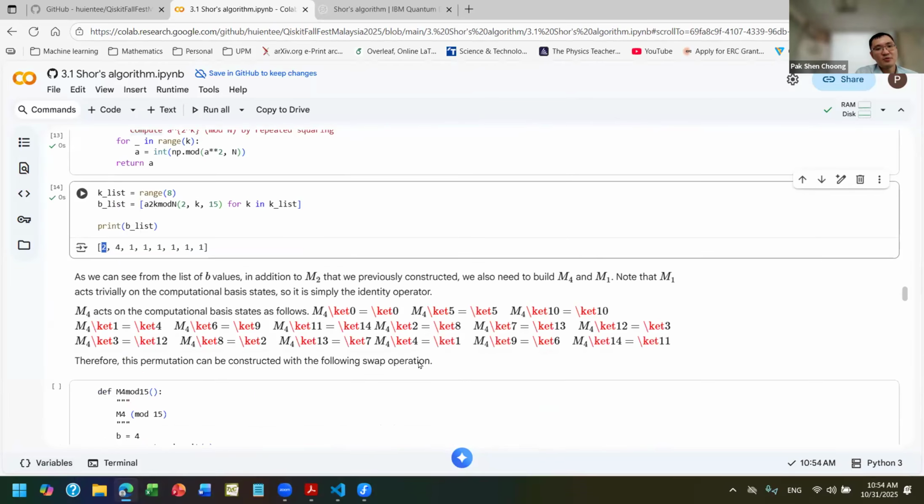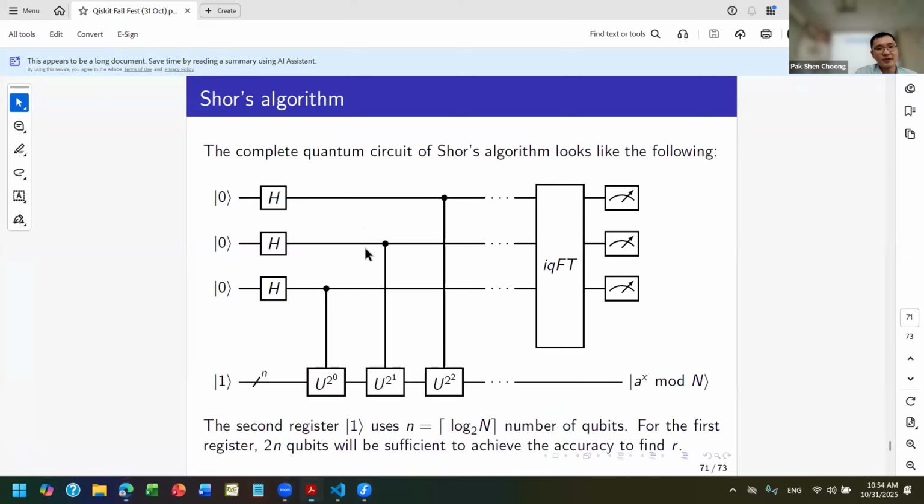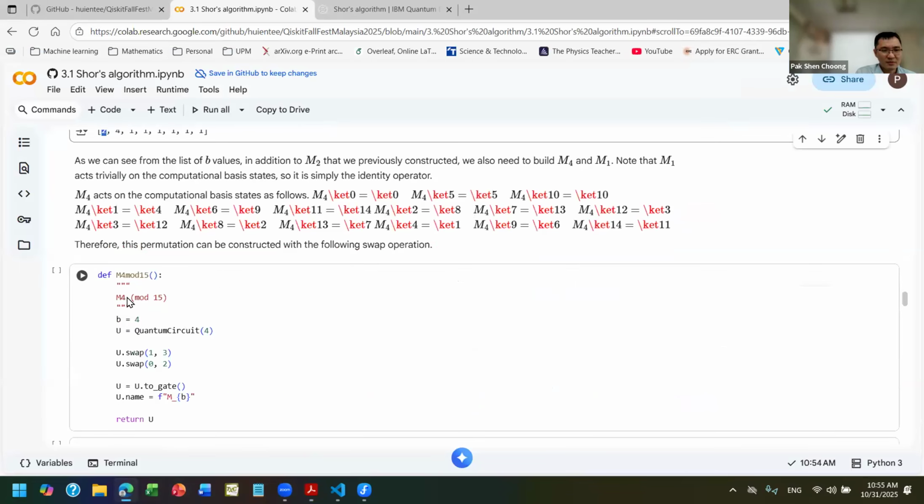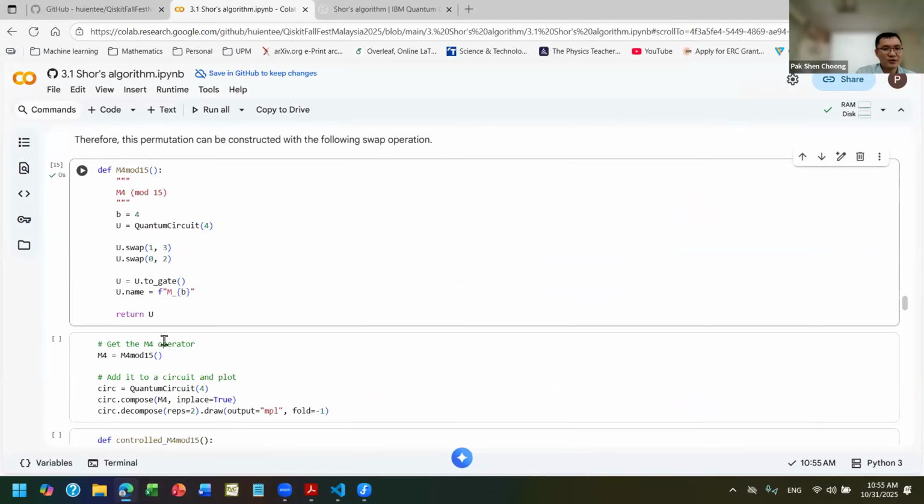So for M4, you perform the same thing. You basically do this table and then find out what is the permutation, and then execute it on your computer.